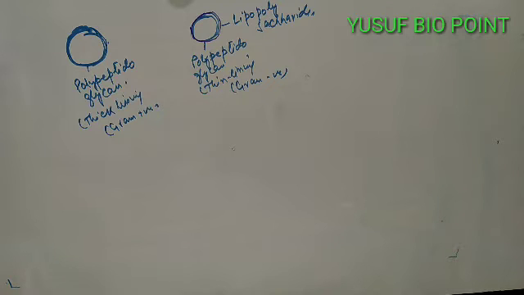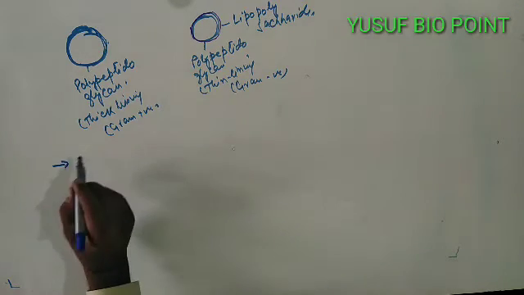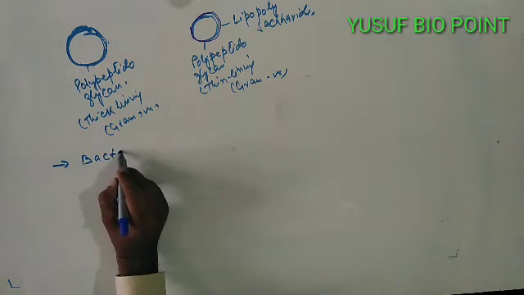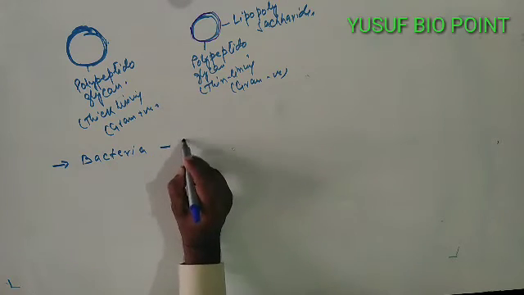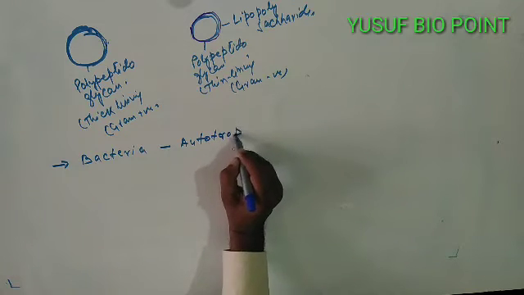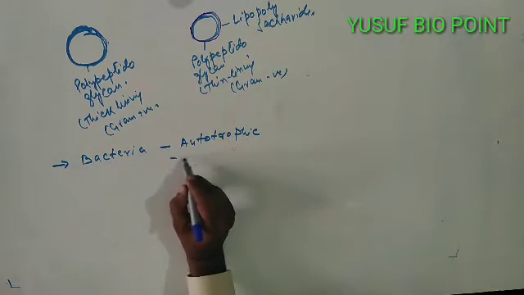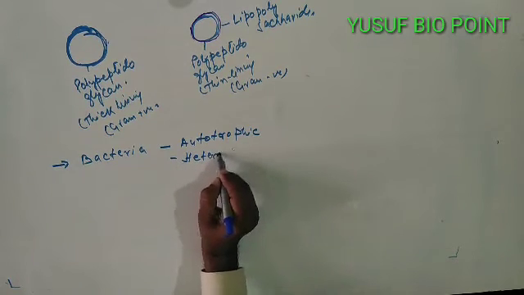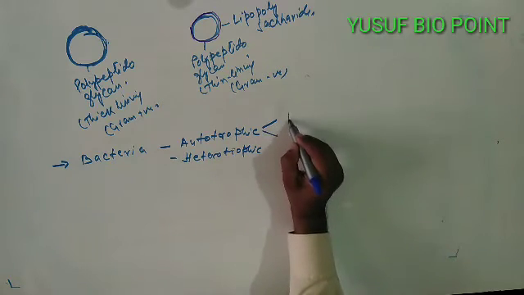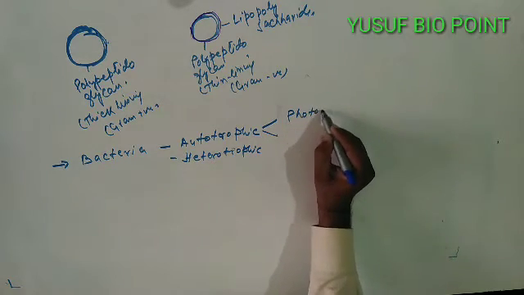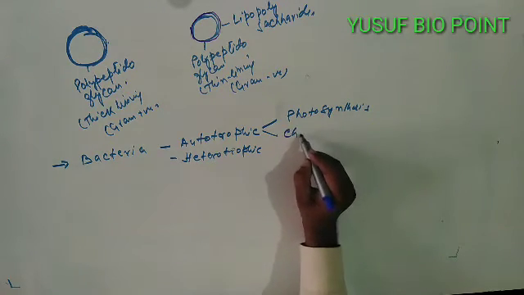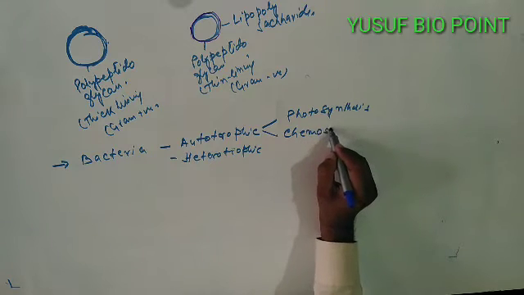Now, nutrition in bacteria. Bacteria are both autotrophic and heterotrophic. In the autotrophic, there are both photosynthetic and chemosynthetic types.